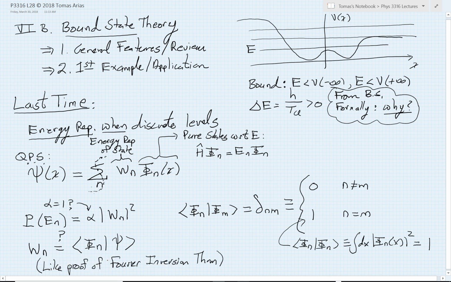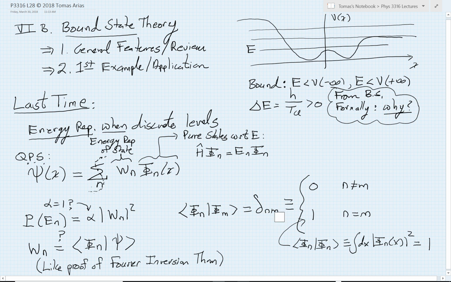And the last thing we had pointed out was a key fact we will need in order to prove this, which is to answer the question of what happens when I look at overlaps or Hermitian inner products between my different pure states of energy. And we pointed out that that overlap or that inner product is equal to the Kronecker delta, delta sub nm, which is the discrete version of the continuous Dirac delta function.